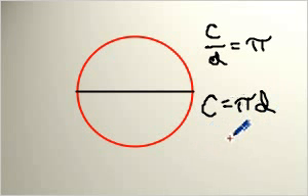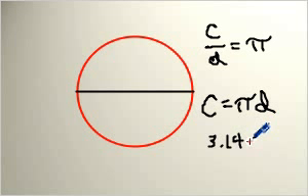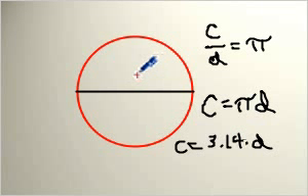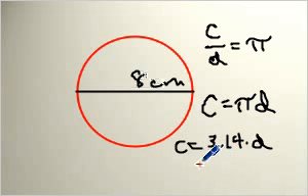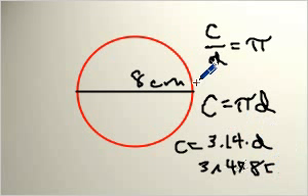Now very often we replace pi with a real number, which is 3.14, but that again is just an approximation. So to find the circumference, you take pi times the diameter. So if this diameter was, let's say, 8 centimeters, you would multiply 3.14 times 8 to get a value that approximates the circumference, the distance around this circle.